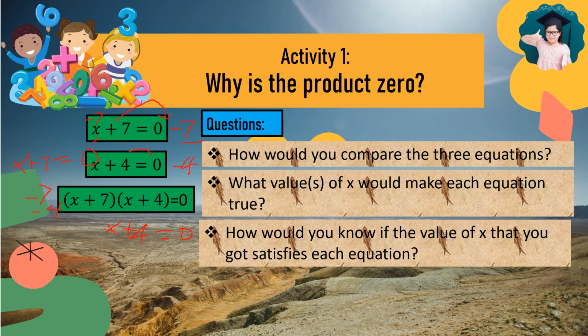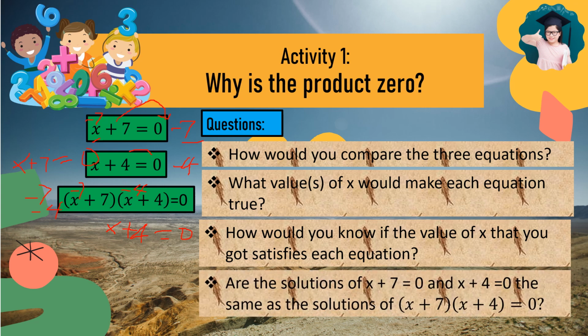And if you have negative 4, negative 4 plus 4 is 0. That's also correct. It will be the same thing here. So this will be negative 7 and this will be negative 4. Okay, so you have negative 7 plus 7 is 0, negative 4 plus 4 is 0. Multiplying them, you will still end up with 0. That's how to see whether the solved value satisfies the equation.